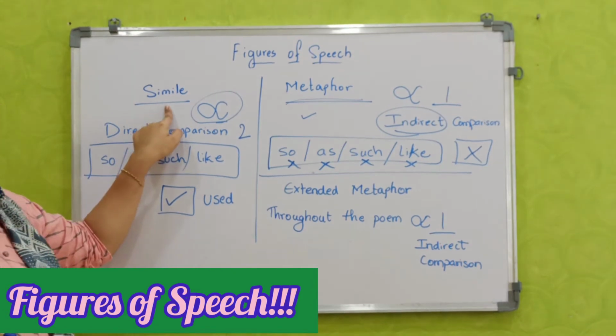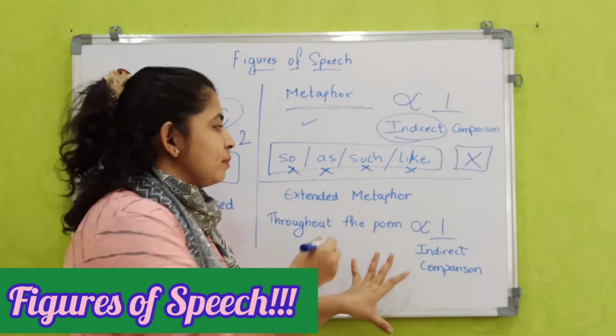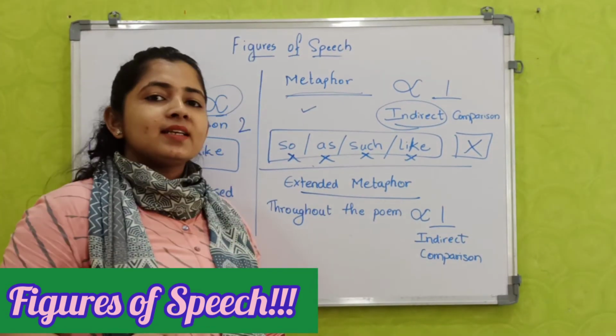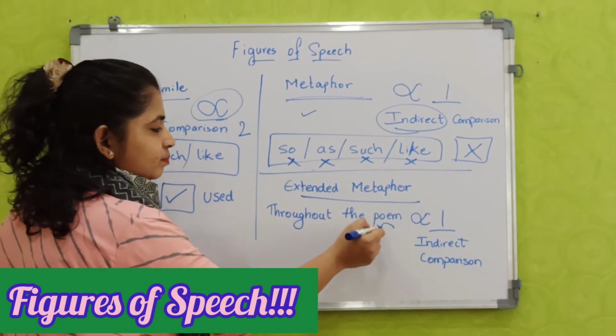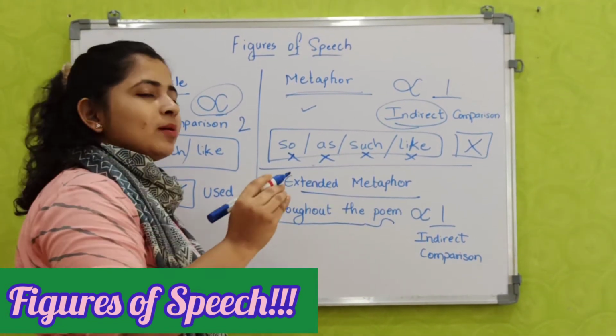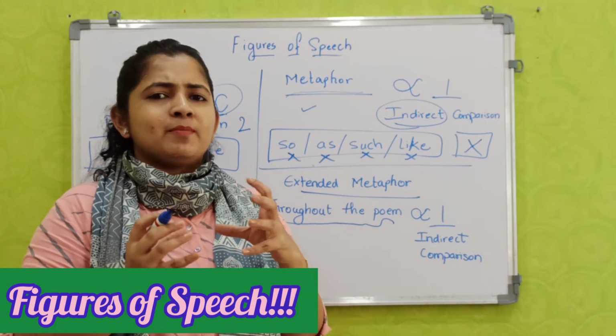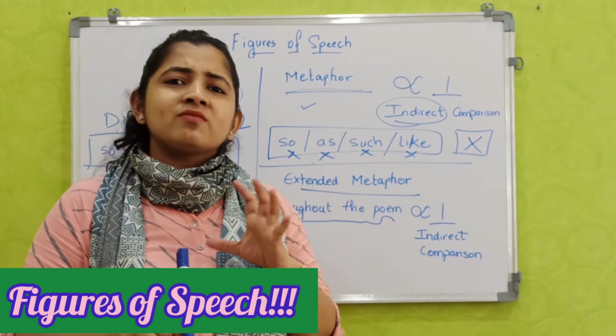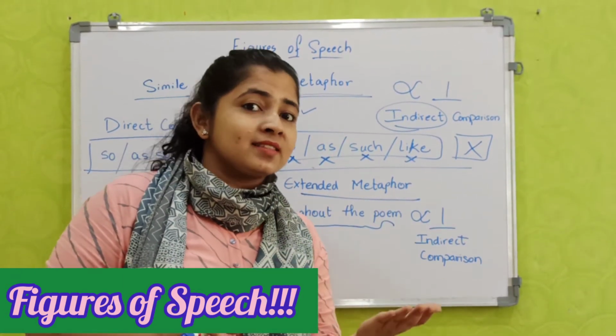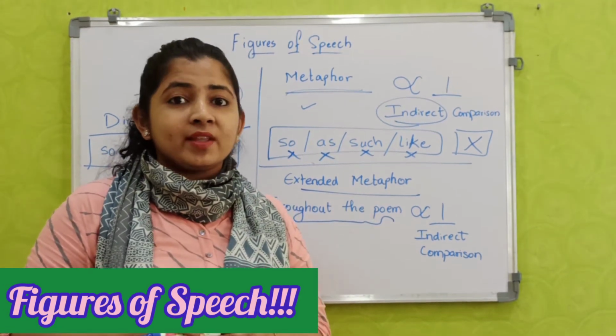in simile. Then when I am talking about extended metaphor, it is about throughout the poem. The entire poem has this metaphor imagination. For example, there is one famous poem which was there in last syllabus, that is Nation's Strength.